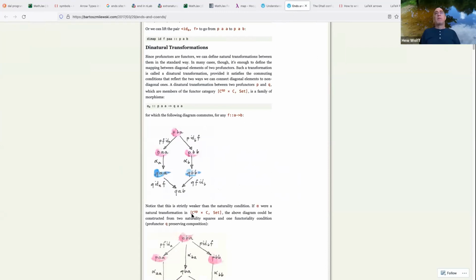And he mentions that since a profunctor is in particular a functor, you can also require that something be a natural transformation on that functor on the product category, but that is strictly stronger, he says. From reading his page here, it appears that profunctors generalize functors and ends generalize limits.